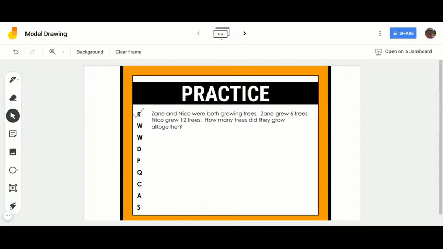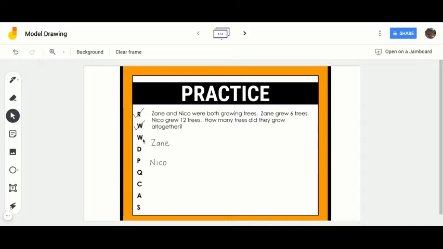So I have 2 people in my word problem, and they are Zane and Nico. So I'm going to write their names down. And now I can check mark my first W because I did the who.